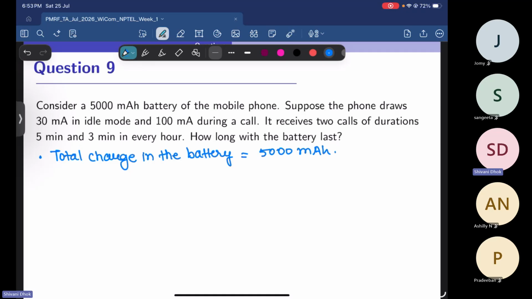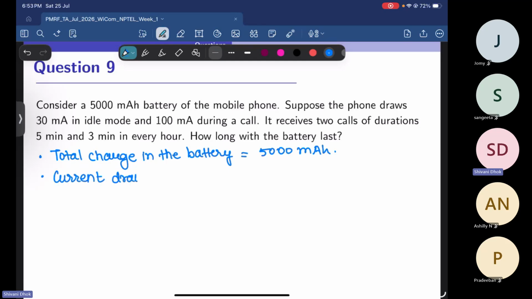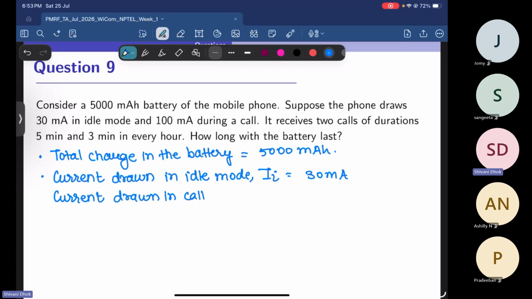Then the current drawn in idle mode, let's say it is II, is 30 milliampere, and the current drawn in call mode, IC, is 100 milliampere.